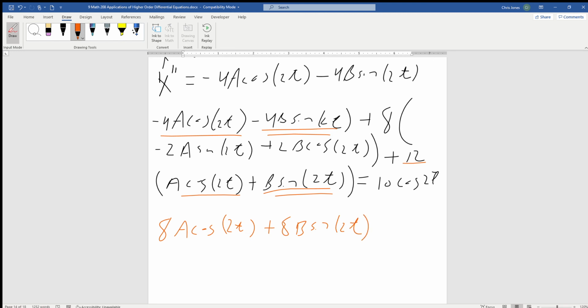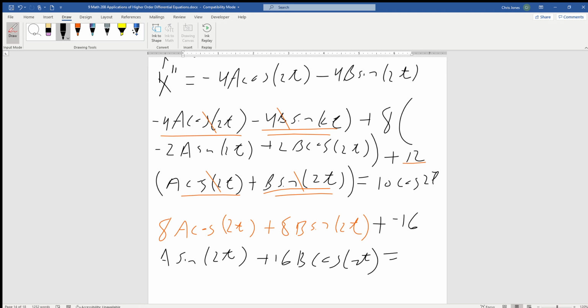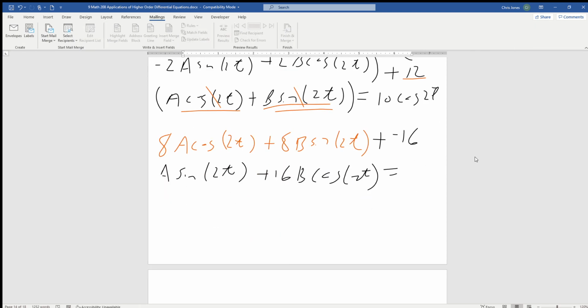Unfortunately, the rest of it is not like terms, so we distribute the 8, and we get plus -16a sine 2t plus 16b cos 2t. And that's going to be equal to 10 cos 2t plus 0 sine 2t. Remember, we need the 0 in there just to build the system.